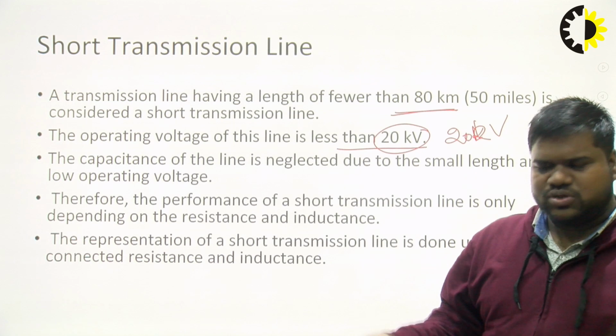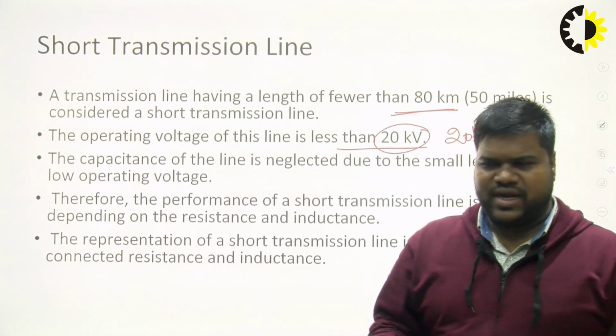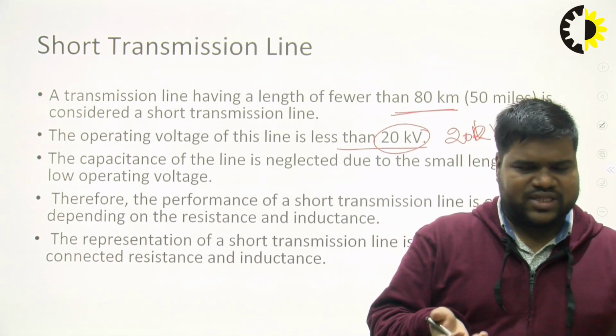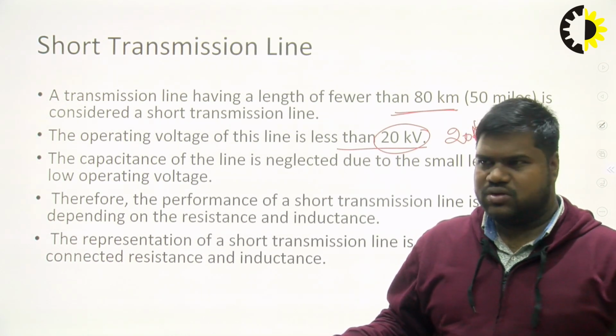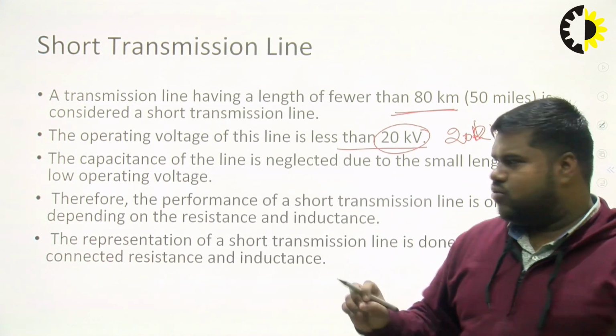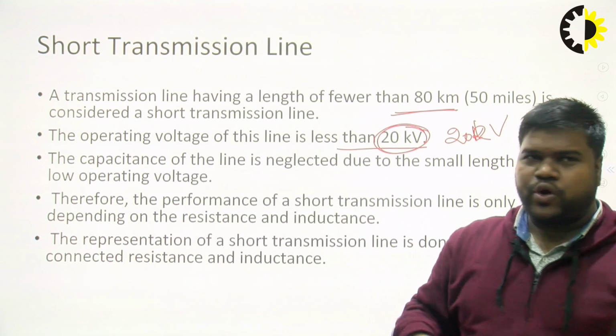In some books the operating voltage of the line is taken as 22 kilovolt, and in some books 18 kilovolt. This is not a problem; you choose the voltage close to 20 kilovolt.